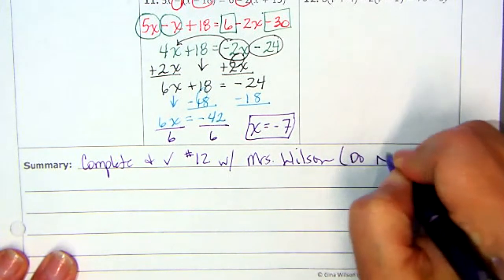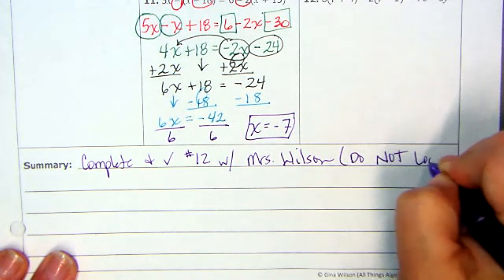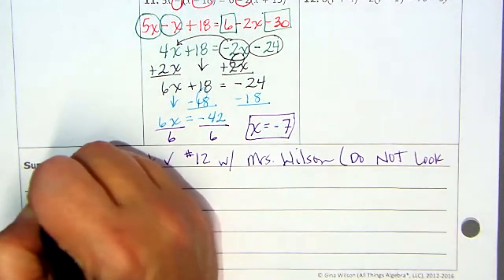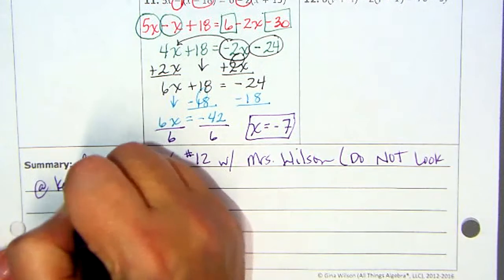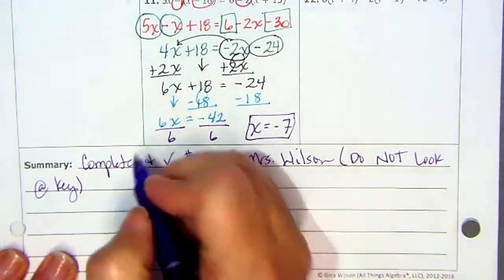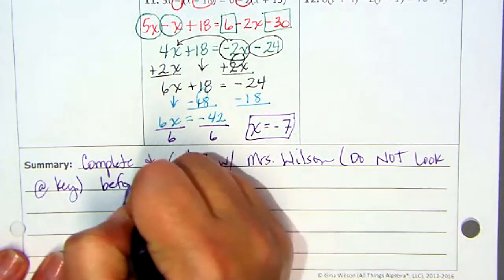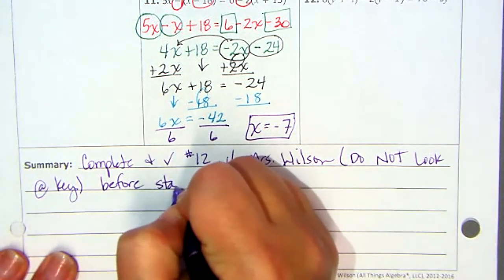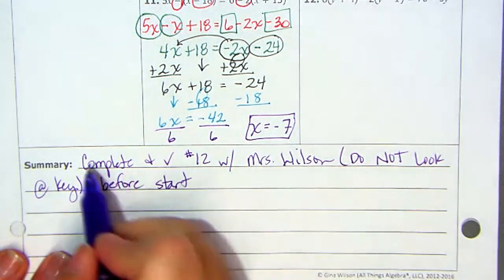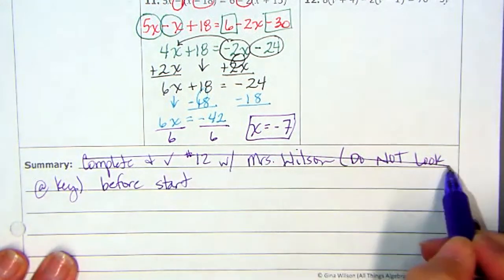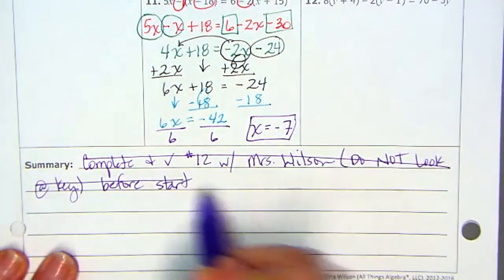Do not look at the answer key. So you're going to check this with me before... actually scratch that because I'm not going to be here. So don't worry about that aspect of things.